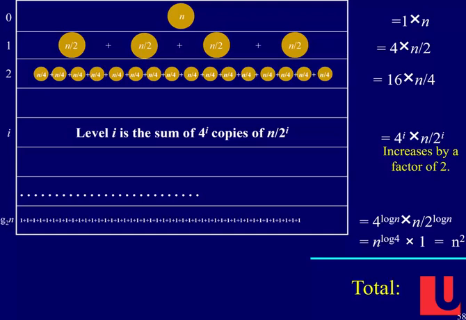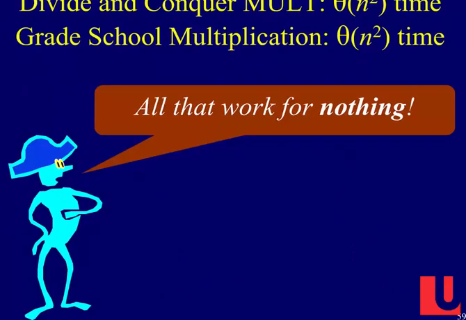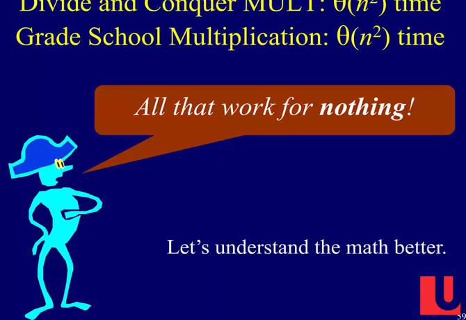And so it depends on which is happening faster, right? So the sum here is going to be dominated by the biggest term, which is the base cases. Does that make sense? All right, so we had that great algorithm, and it's not any faster.